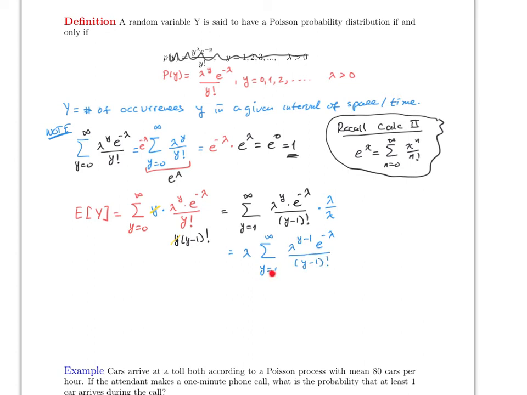Notice that this sum now starts at 0 with the shifted index, and you know that this is equal to 1. So this will be lambda times 1. That implies that the expected value for y is equal to just lambda.